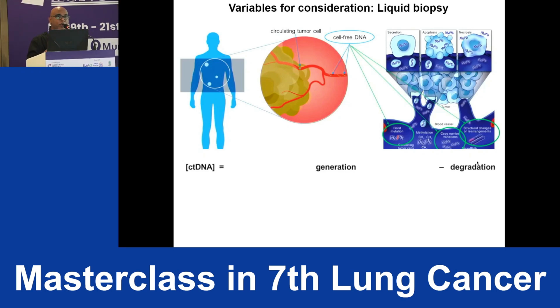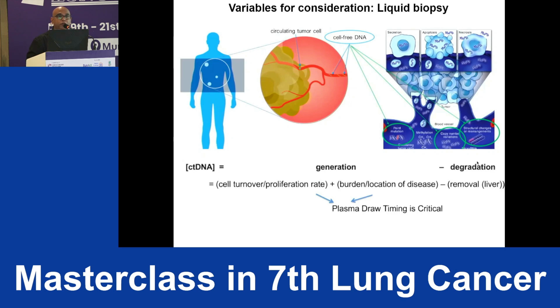It has a very rapid turnaround time. This turnaround time is actually an equilibrium of the dynamics between its generation and degradation. So what is very critical when you're going for a liquid biopsy is the timing of when you go for it.